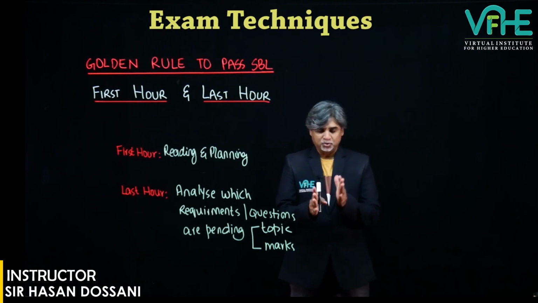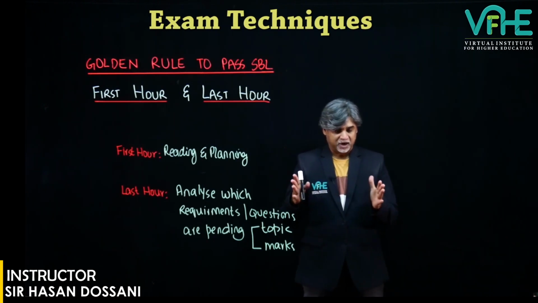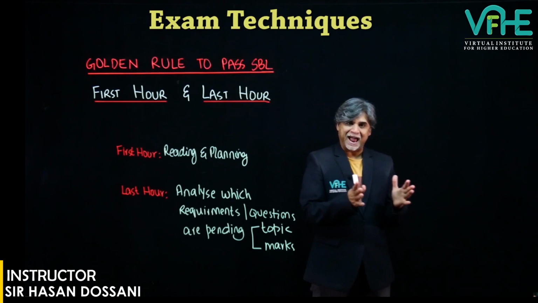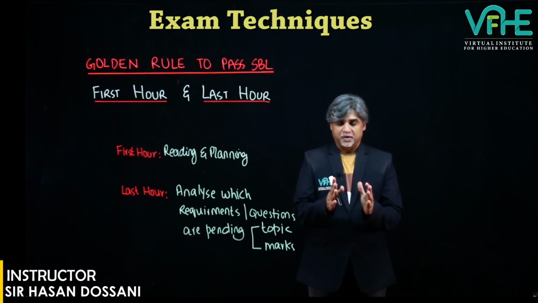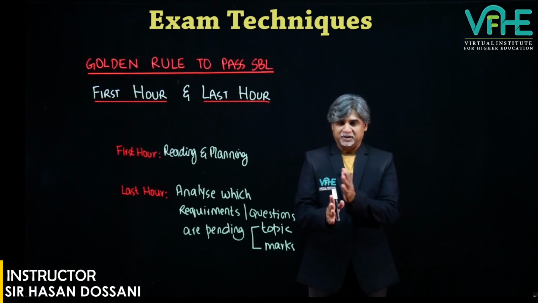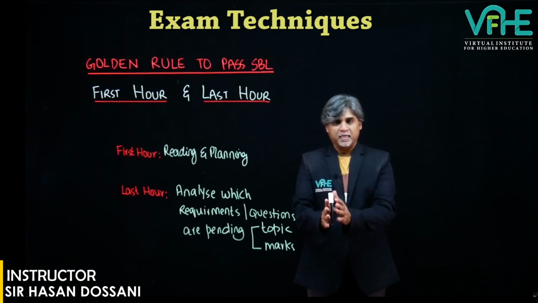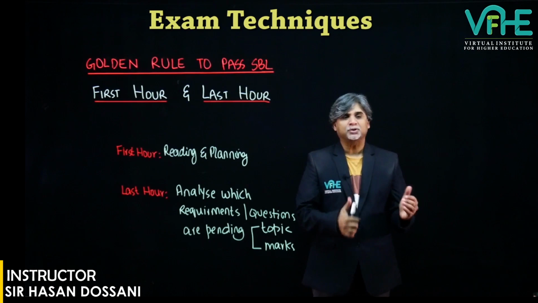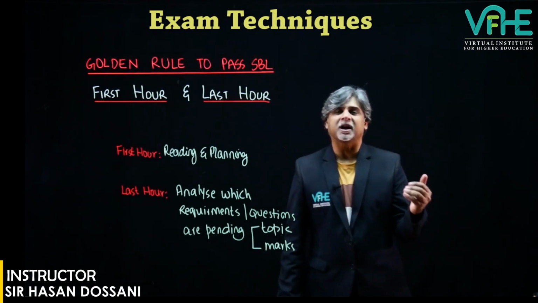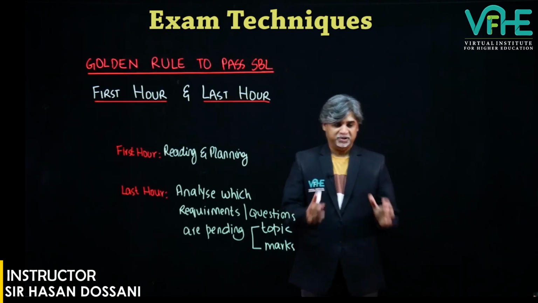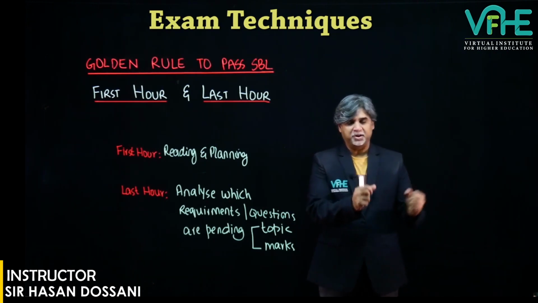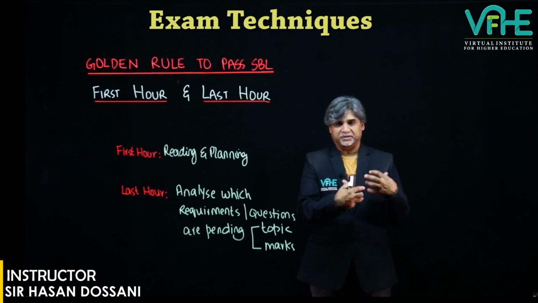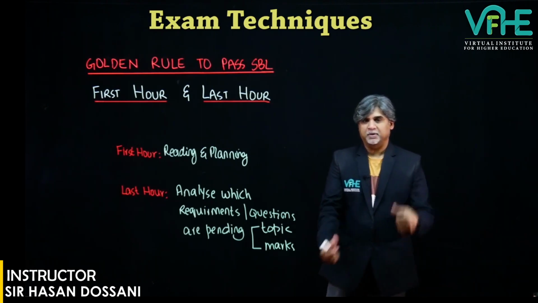So as soon as your 3 hours are up and you are entering your last hour, you need to stop writing. Wherever your answer is, you just stop and assess which questions or which parts are left, and you will see the topics. The first topic is disruptive technology, 18 marks, and the second topic is risk management, 15 marks.